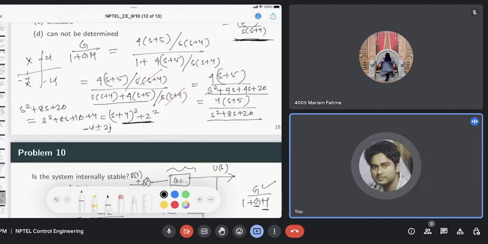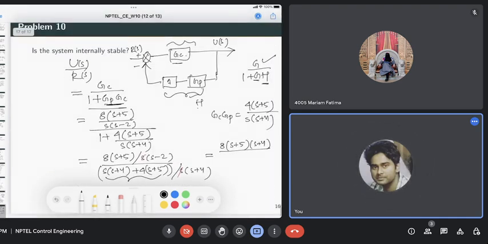So s square plus 8s plus 20. The other term is s minus 2, we have to multiply that also. So this we already computed, the poles are at -4 plus minus 2 here, right? But for this you see that the pole is at 2, right?